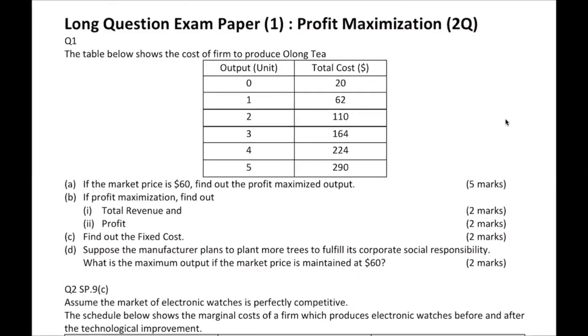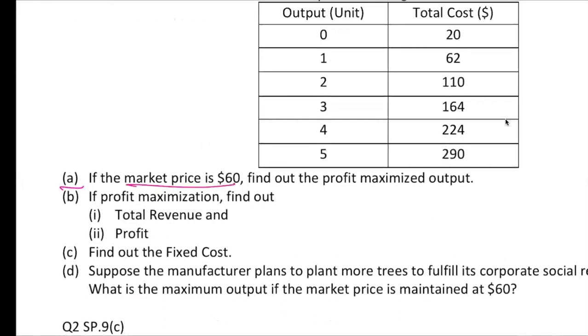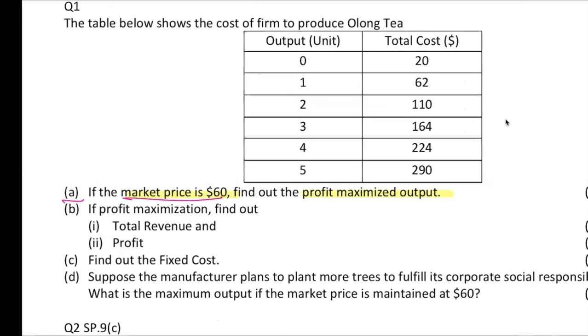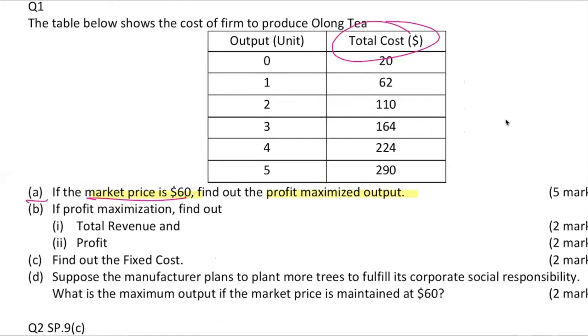So let's see. We have a table normally, and in question number 8, the market price is 60, and find the profit maximizing output. How do I know it's related to the topic? These wordings. You find the marginal cost. So we have the price, then here we only have the cost, so we need the marginal cost.